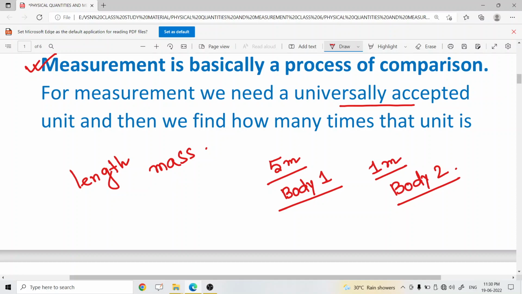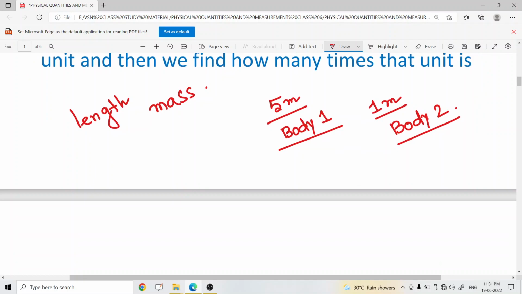If we want to compare, we have to take two quantities of the same kind, like two lengths, two masses, or two temperatures. That's why we can compare two quantities of the same type.